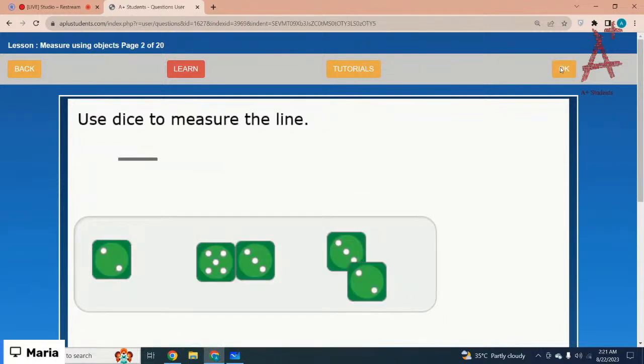Okay, we use dice to measure the line. So you have to now place the dice along the line. Which is the correct option? You have to use the number of dice. So you can see this line is just one dice long.